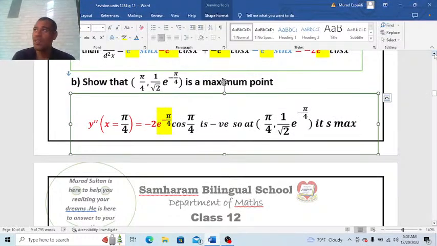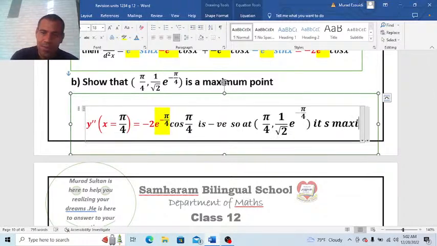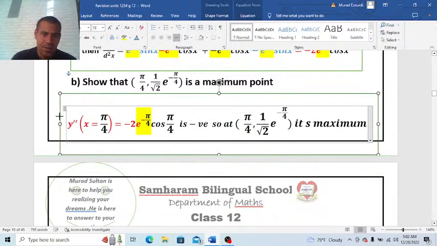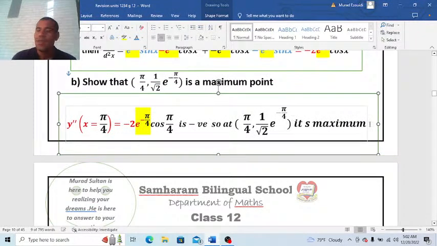Why? Because the value of the second derivative at x equal pi over 4 is negative. Now we check if we have another point. This is a maximum. Therefore, I will go to the next point.